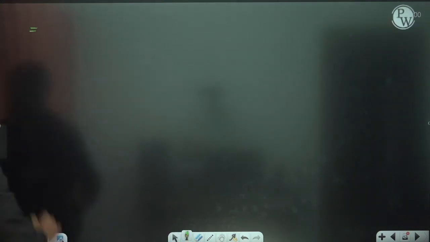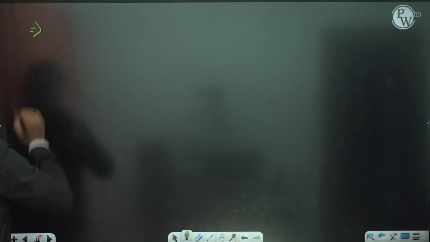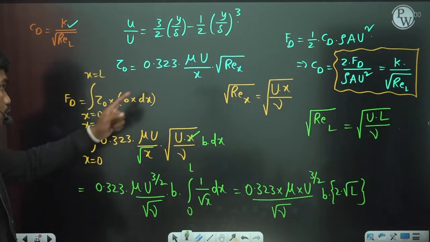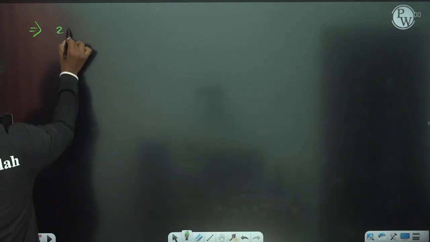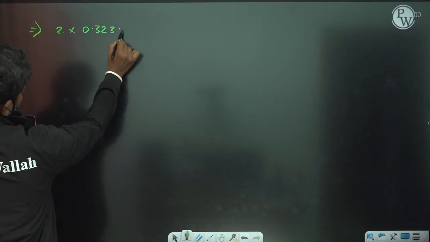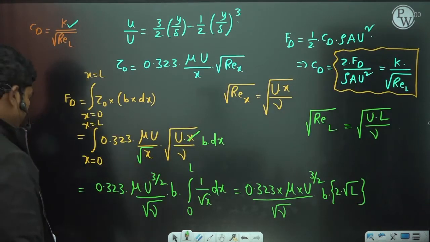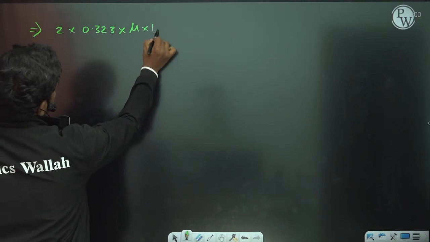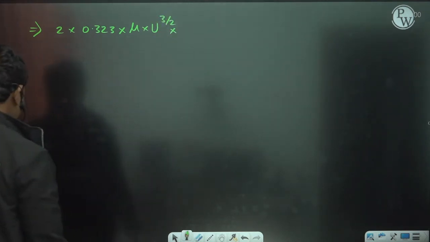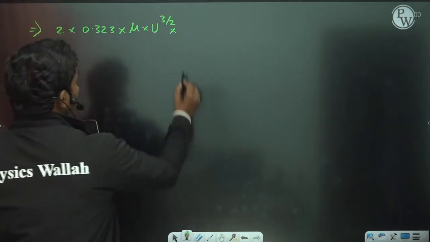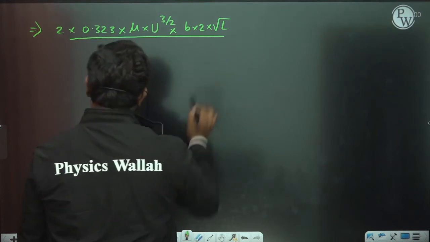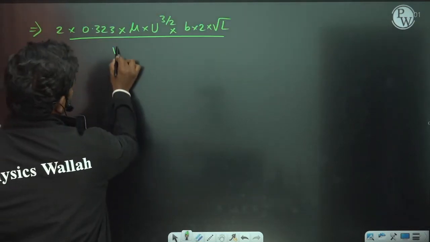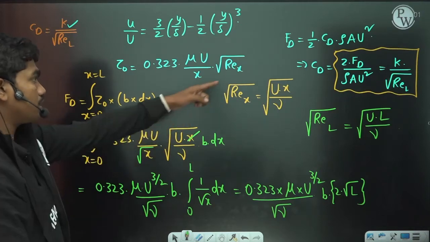So this implies, now let us see here. Okay, 0.323, 2 times of fd. So 2 times of fd is 2 times of 0.323 into, now mu u power 3 by 2 into b into 2 root L, divided by this complete value, divided by square root of nu into, we have one more thing, rho A u square.